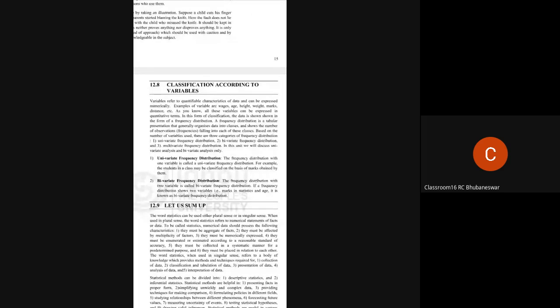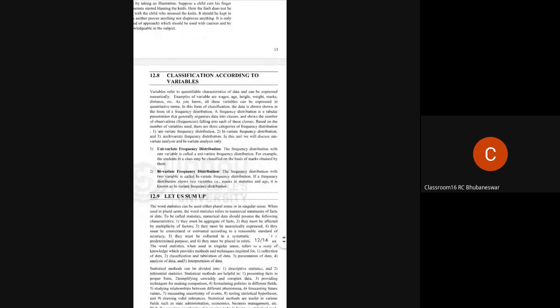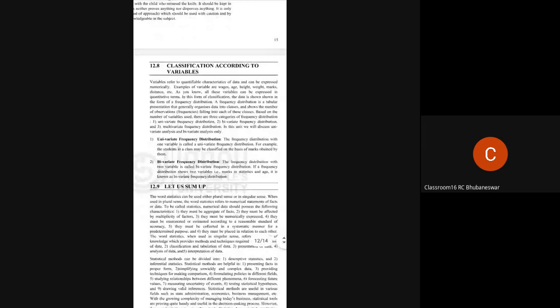For example, the students in a class may be classified on the basis of marks obtained by them, so only a single variable is used. But in bivariate frequency distribution, the frequency distribution has two variables. Suppose, for example, marks in statistics and age are both taken into consideration.